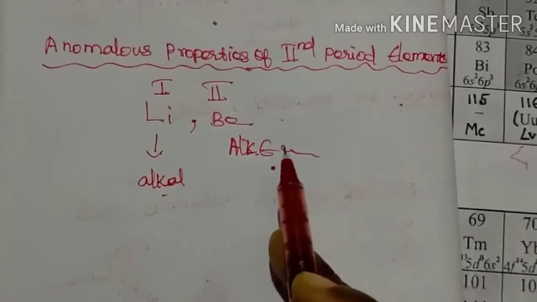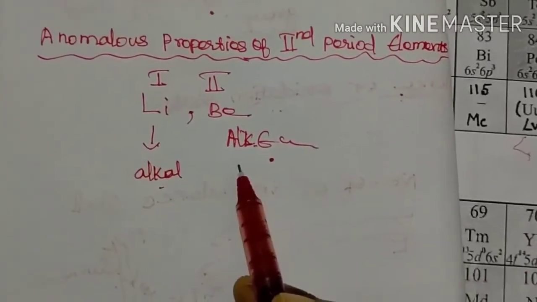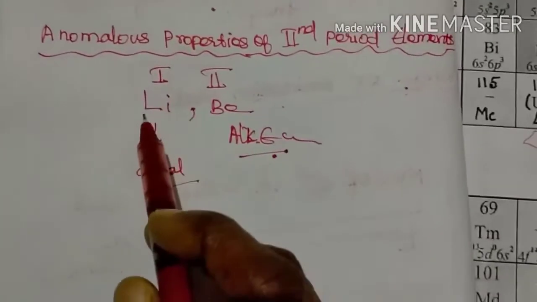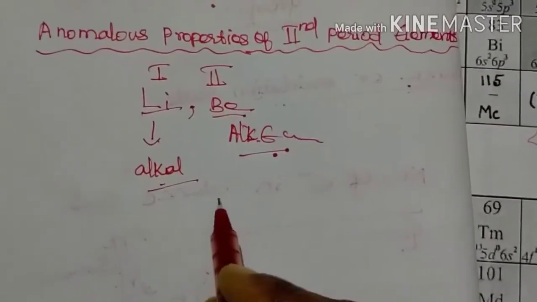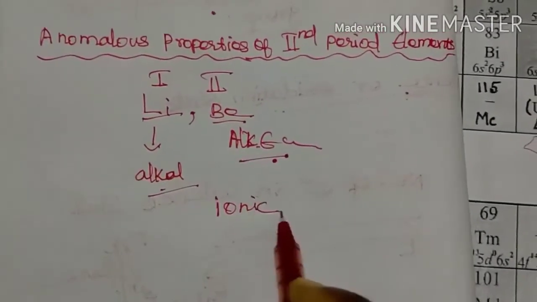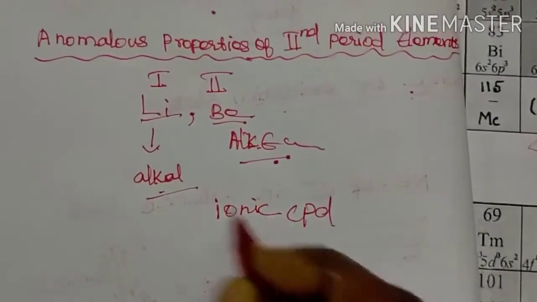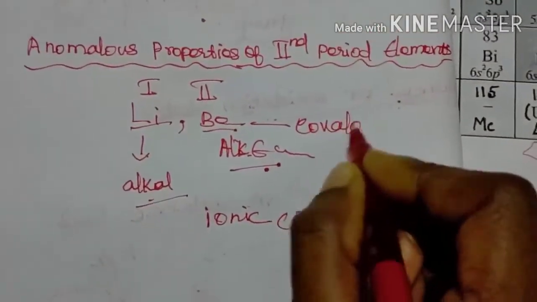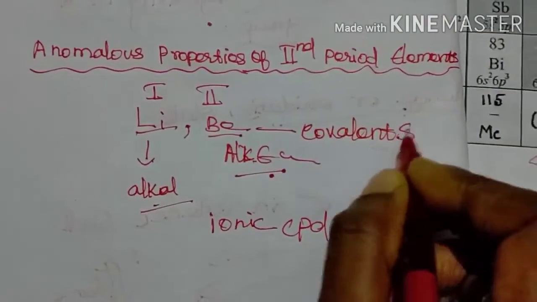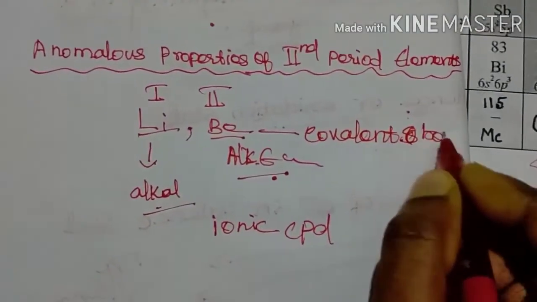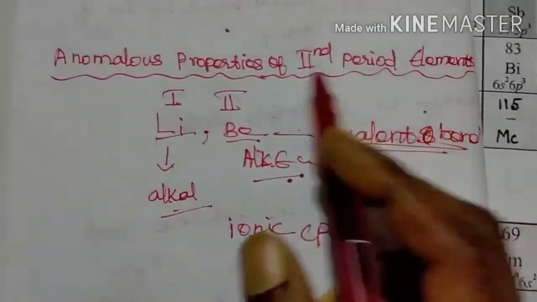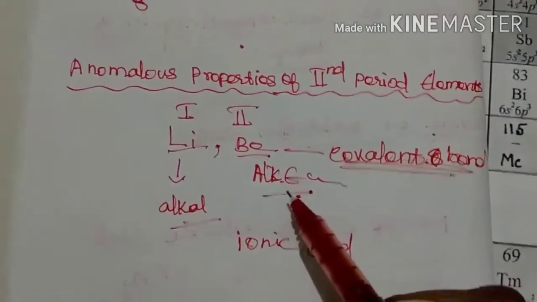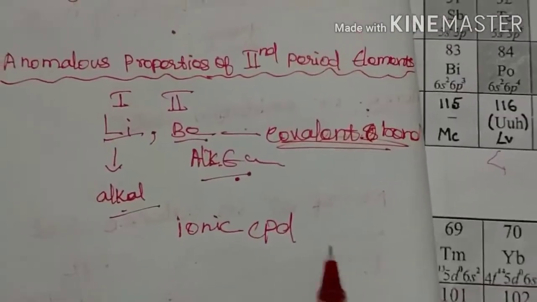The other alkali and alkaline earth metals form only ionic compounds, but lithium and beryllium form covalent compounds. So this is one anomalous behavior of lithium and beryllium in their groups.